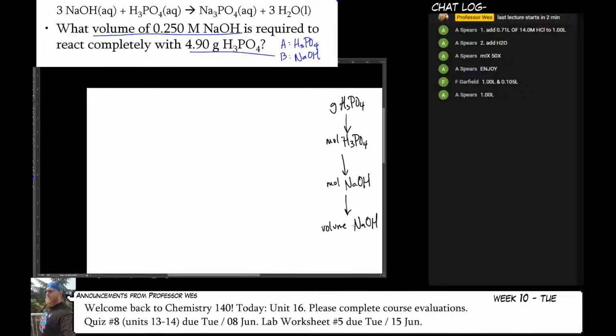So let's write down all the relationships that we know. I know that in 1 mole of phosphoric acid, there are some number of grams of phosphoric acid. And you can look that up on Lenntech. So let me go do that real quick. 98 grams per mole.